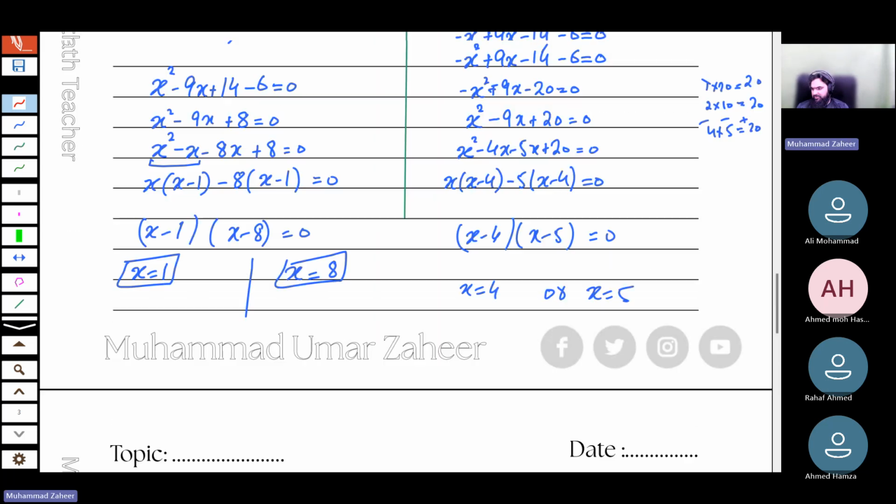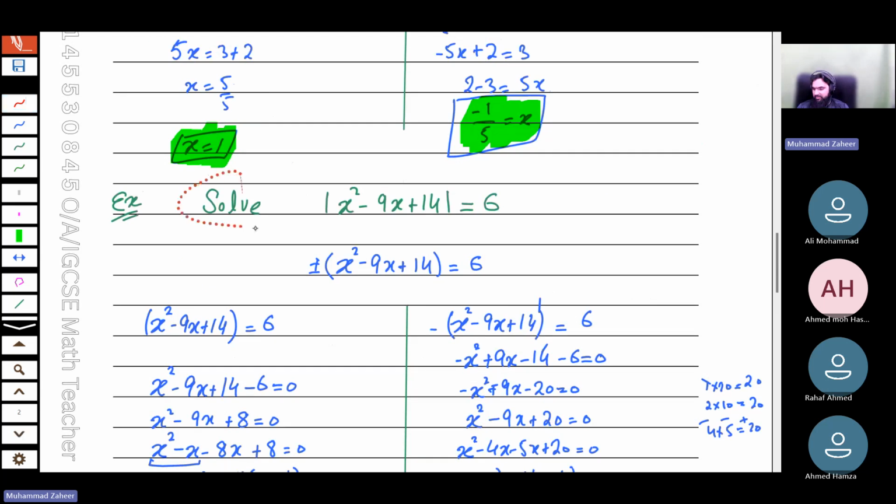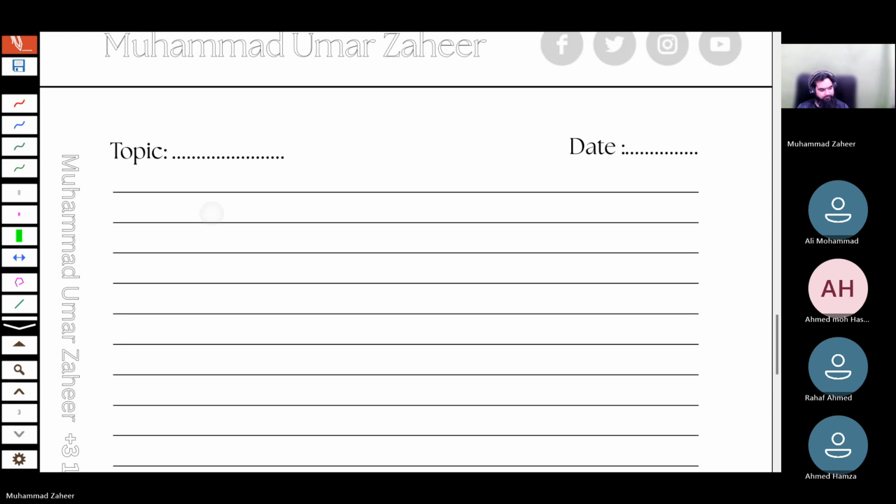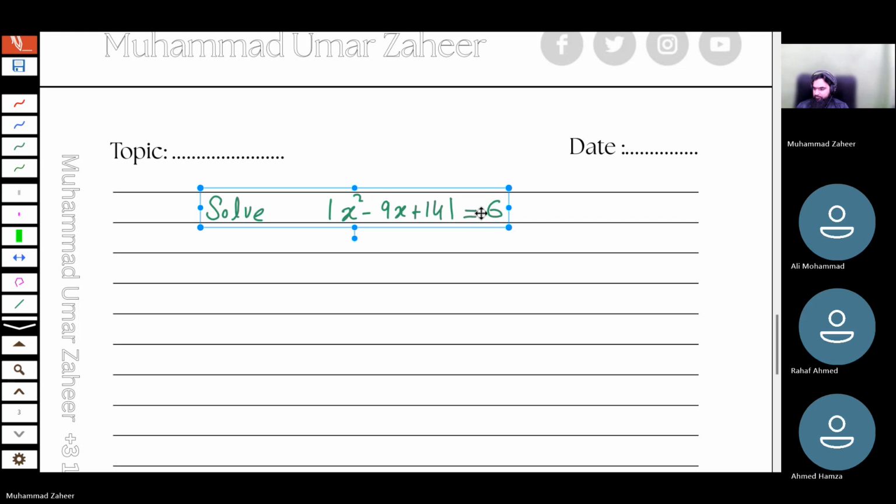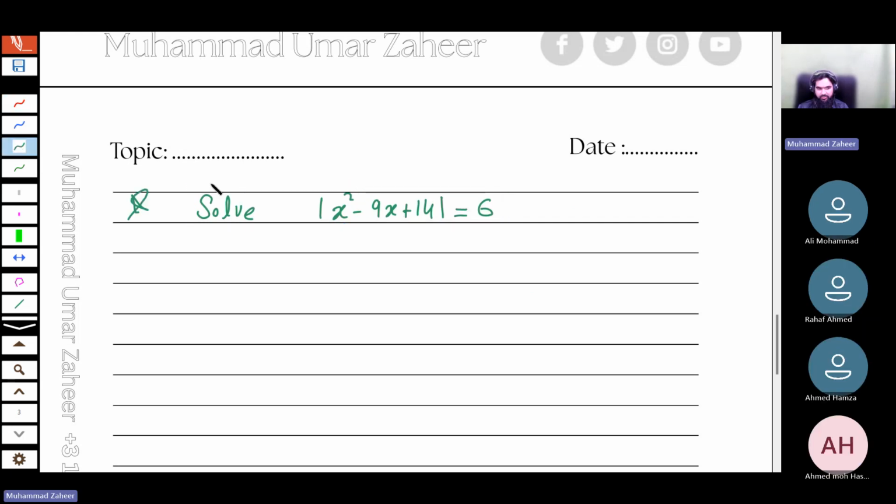I'm going to take the same question and just make it an inequality. Let's make it less than or equal to. Now if you want to solve it, obviously the pattern to solve is going to be exactly the same as what you have done.